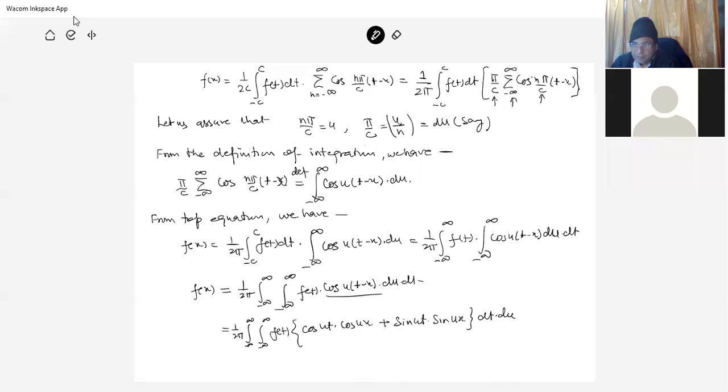So with this, 1 by 2 pi, minus infinity to plus infinity, f of t cos ut cos ux dt du, the first part, plus 1 by 2 pi, f of t sin ut sin ux dt du.